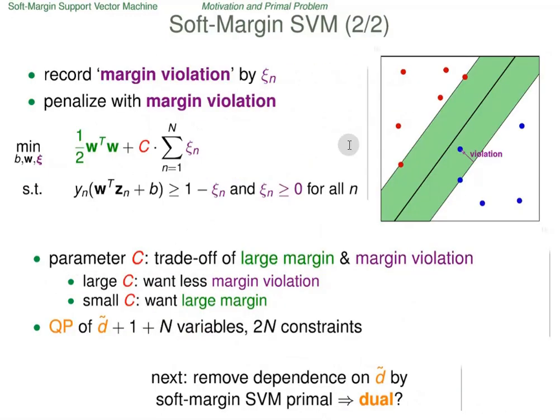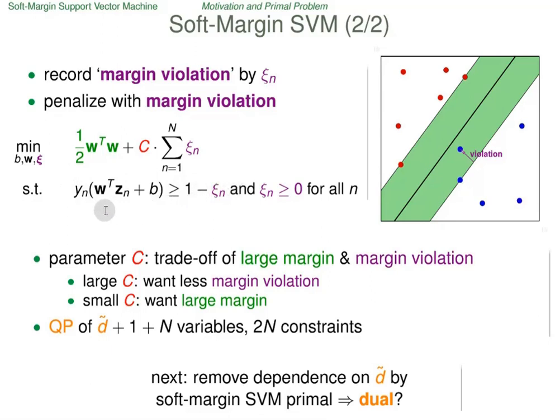We can obtain the common formulation of the linear soft-margin SVM as follows, after introducing the amount of margin violation by the following Xi for each data point n. Okay, we have n data points, and we require that these Xi be greater than or equal to 0 for all examples, and the following constraint 1 minus Xi.